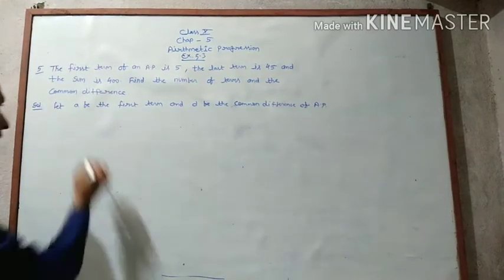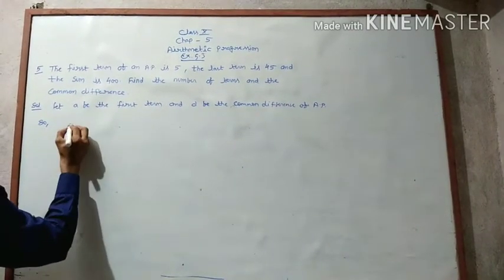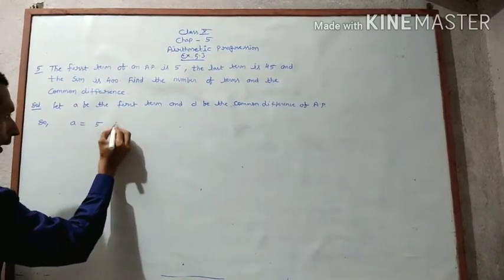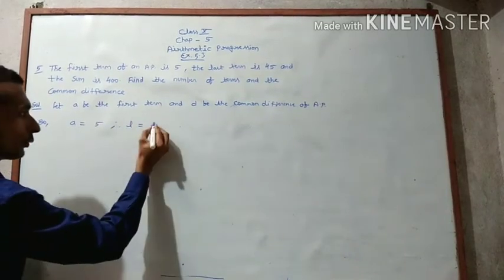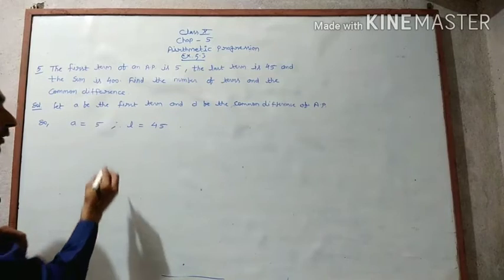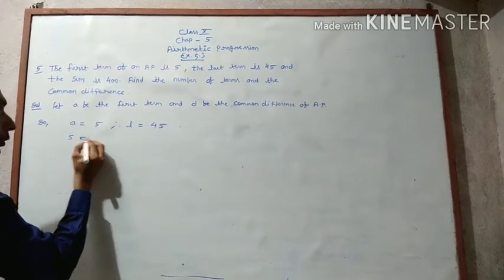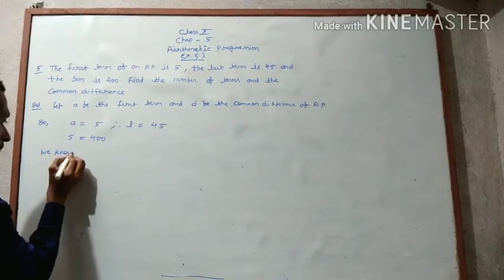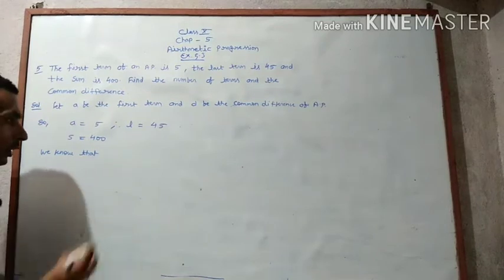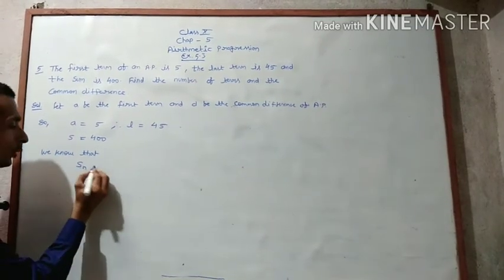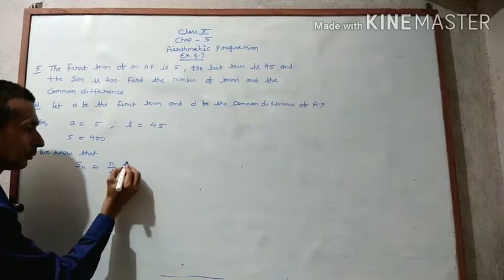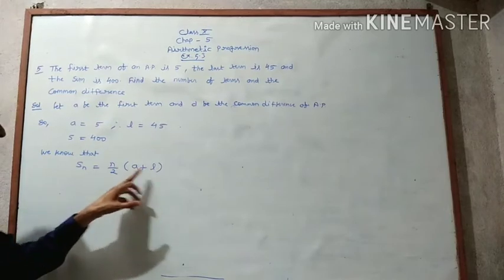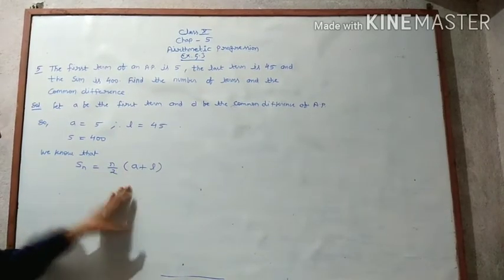Okay, so given A equal to 5 here, and the L value, last term, is 45, and the sum of the terms, so Sn equal to how much, 400. We know that the formula is Sn equal to n upon 2 into a plus L. Because A value and L value are given, now you can apply this formula.